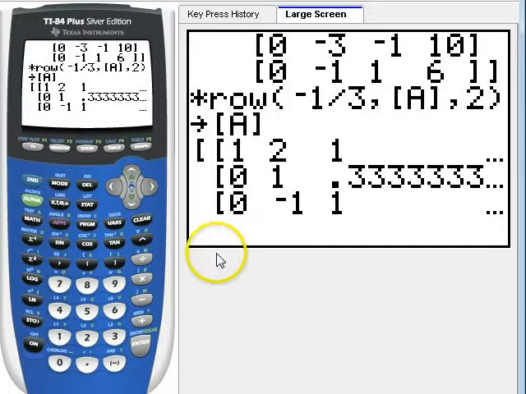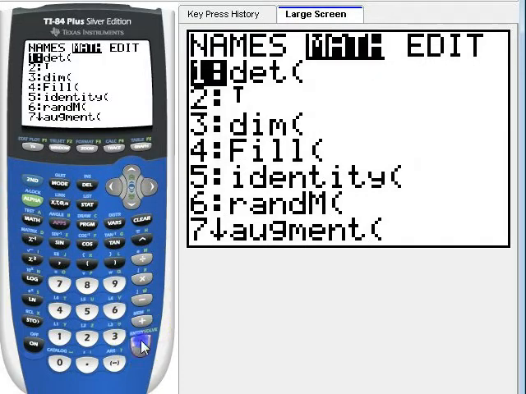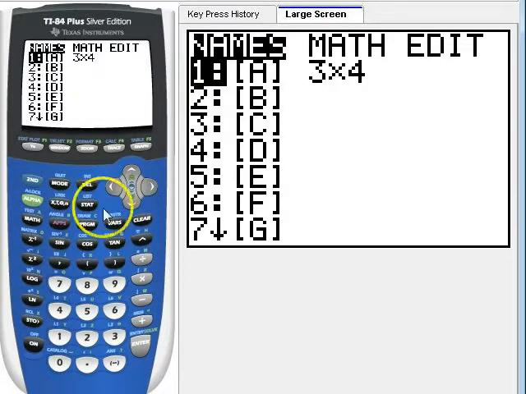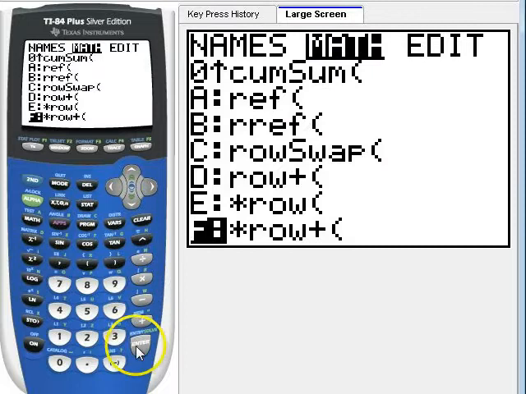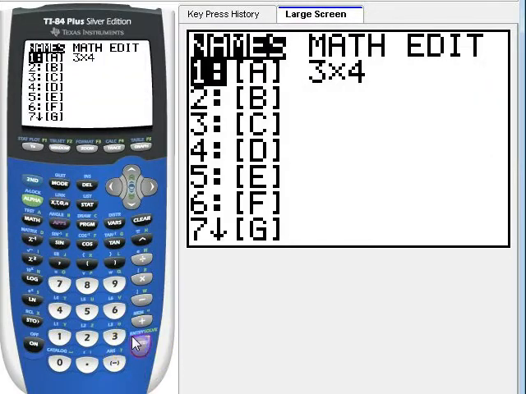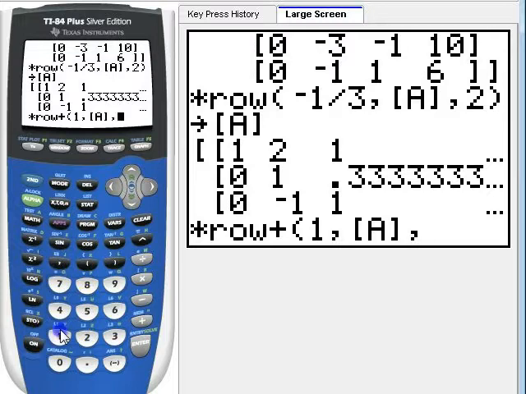And as the last row operation, I will use rule 3. So second matrix math, and not enter. Instead, second matrix math, push up. And for this one, we're gonna multiply 1 in matrix A by row 1, not by row 1, but by row 2.